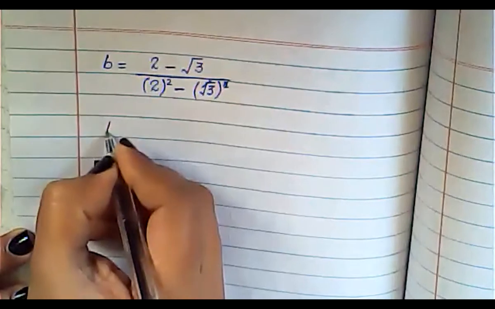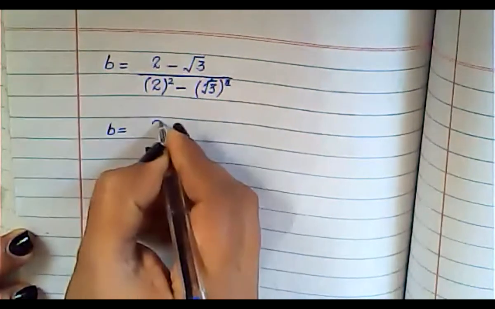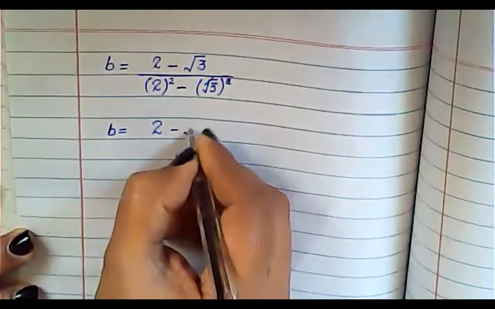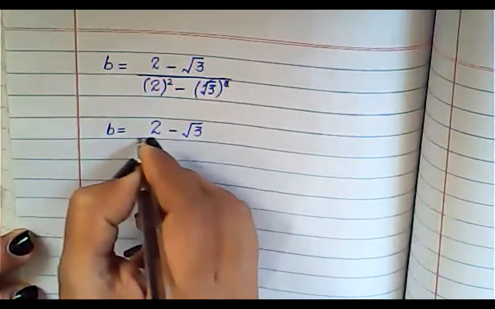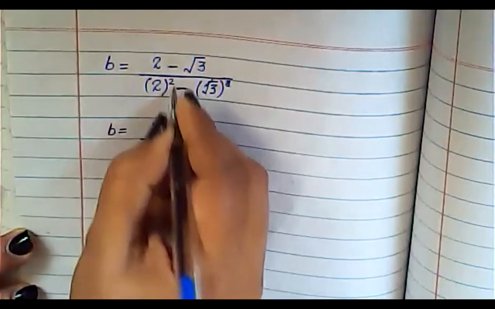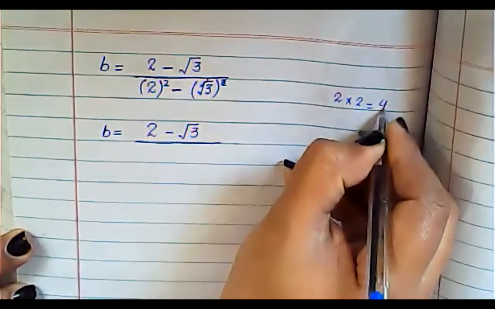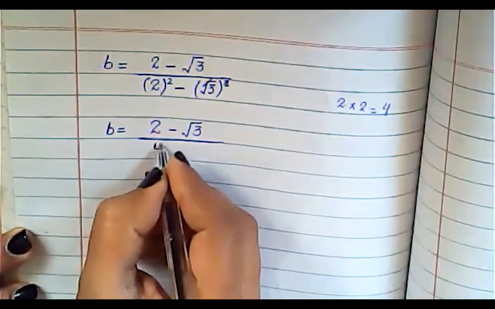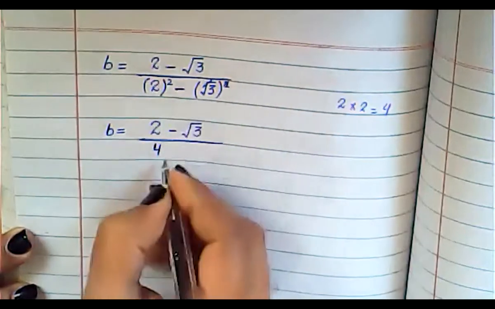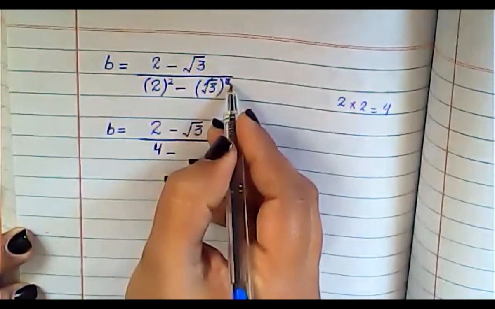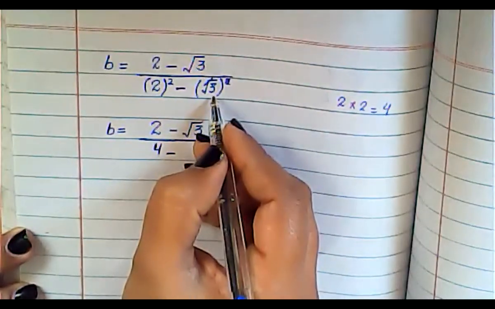Now we will write here b is equal to 2 minus under root 3 divided by the square of 2, meaning 2 multiplied by 2 will be 4. So you will write here 4 minus, and its root will be cancelled with the square, so the only thing left here is 3.